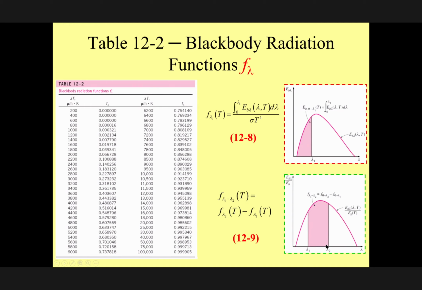As you remember, we did it in the class in building science. I calculated what portion of energy is from 0 to lambda 1, and I calculate what portion is from 0 to lambda 2, subtract them, and this gives you between lambda 1 and lambda 2. Therefore, I use this table twice.